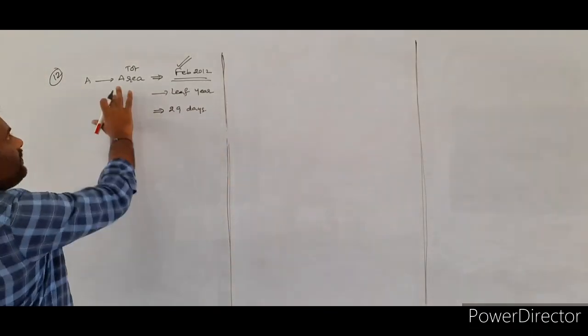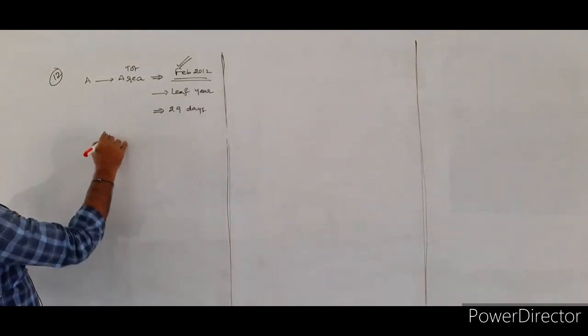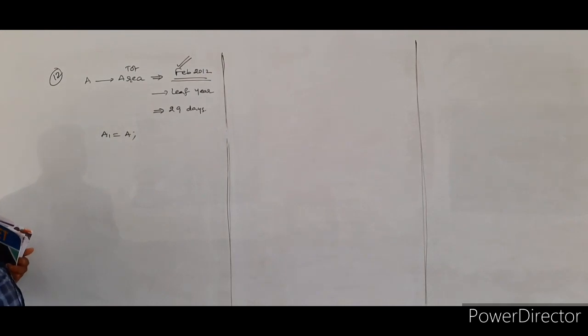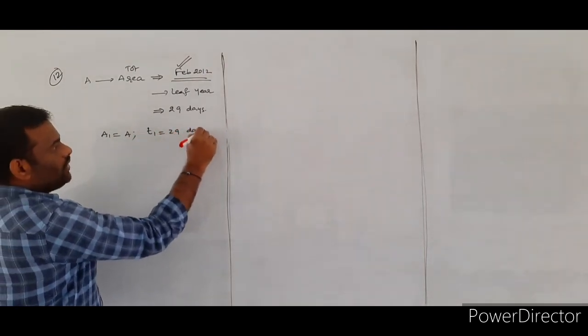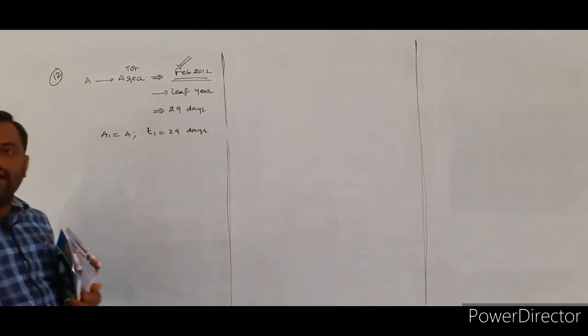From this we get one data: the initial area A1 is equal to A, and the initial time period T1 is equal to 29 days.